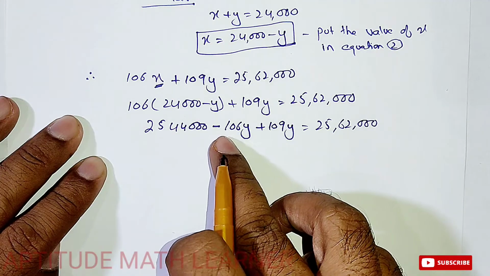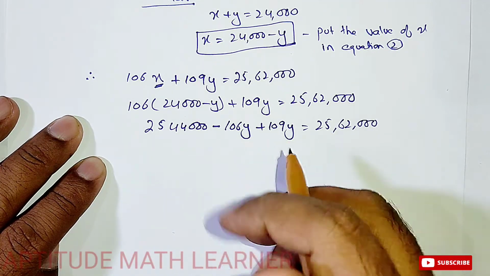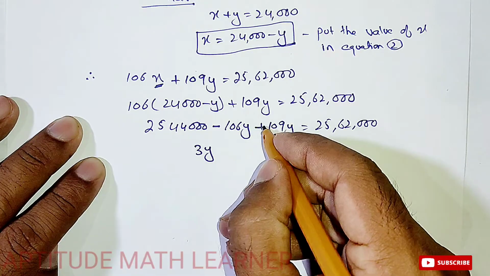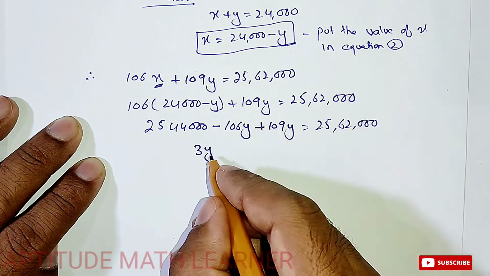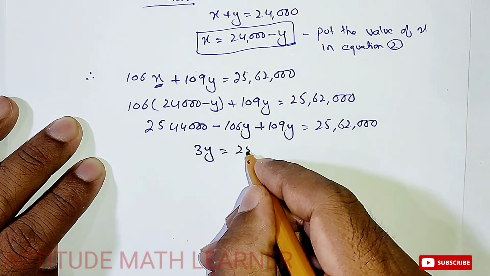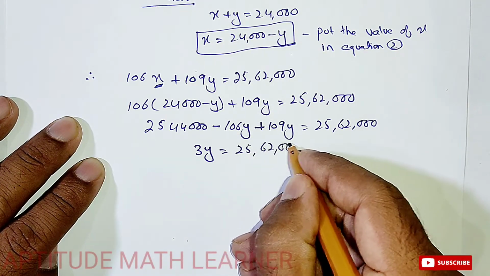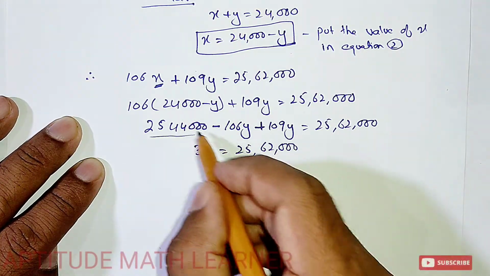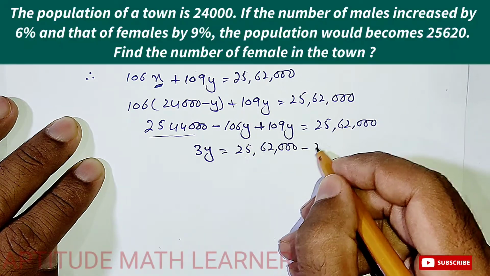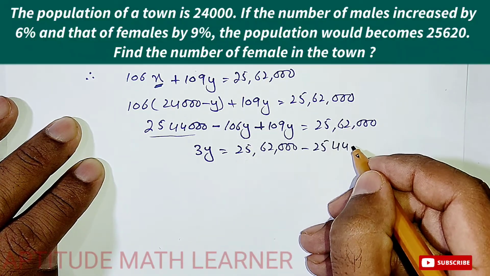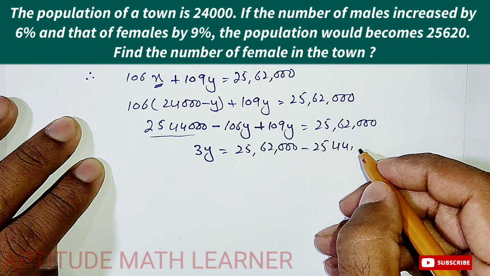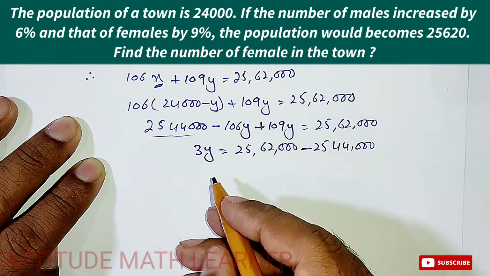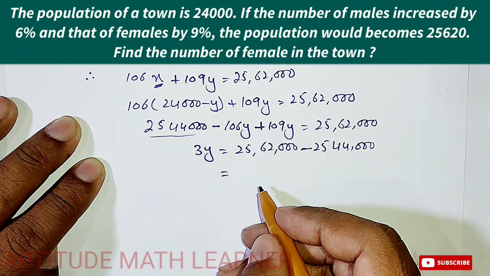Here 109y minus 106y gives 3y. So 3y is equal to 25,62,000, and this portion goes to the other side and becomes minus 25 lakh 44,000.